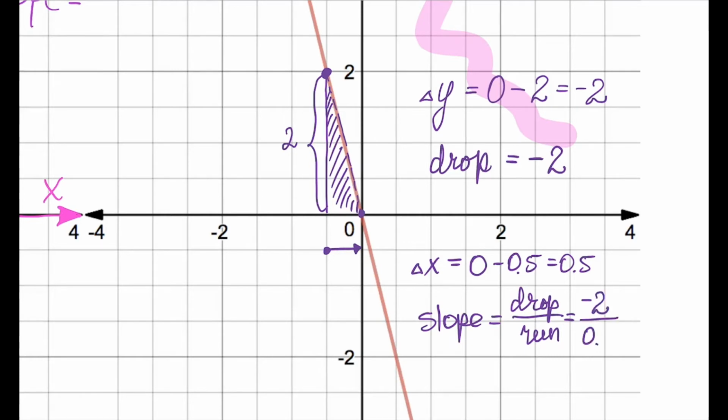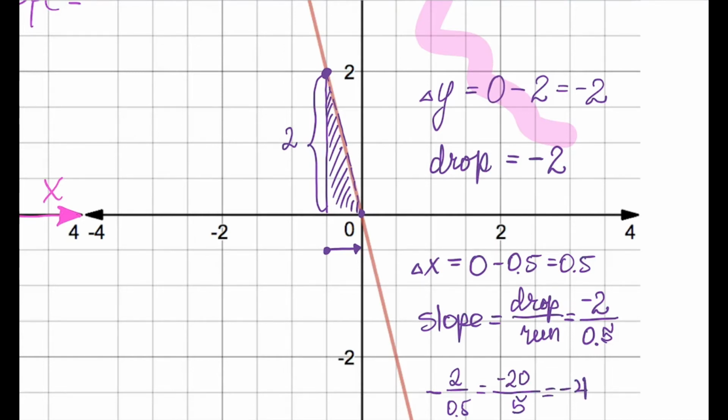And drop is a -2. A run is 0.5. Now remember, when we divide by a decimal, I can get rid of that decimal point by multiplying both the denominator and the numerator by 10. I'm going to continue it down here. -2 over 0.5 is like -20 divided by 5. Well, -20 divided by 5 is -4.